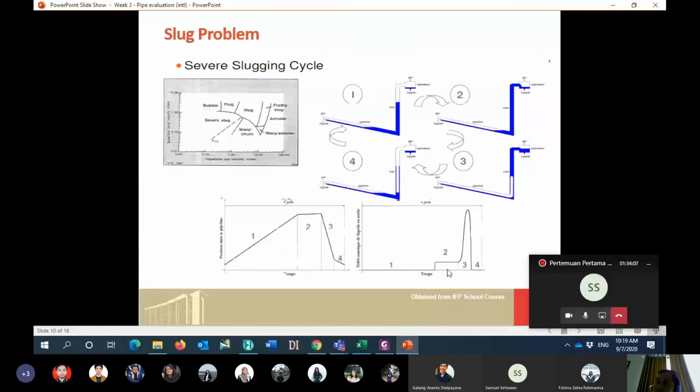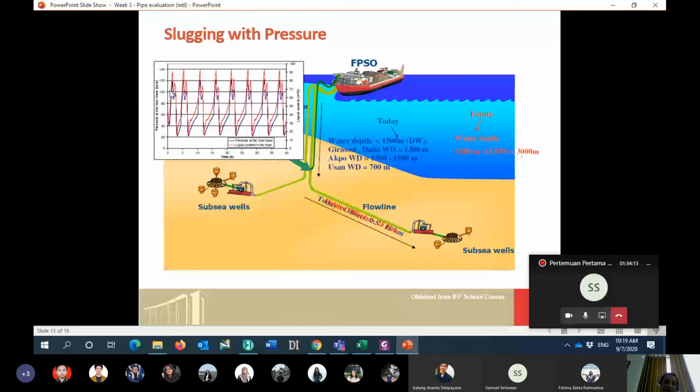It makes a transient condition related to the pressure. In this graph you can see the fluctuation of the pressure. Previously the pressure is quite low, but due to the accumulation of gas, because the gas is always being produced but cannot pass through the liquid, it increases until 140.